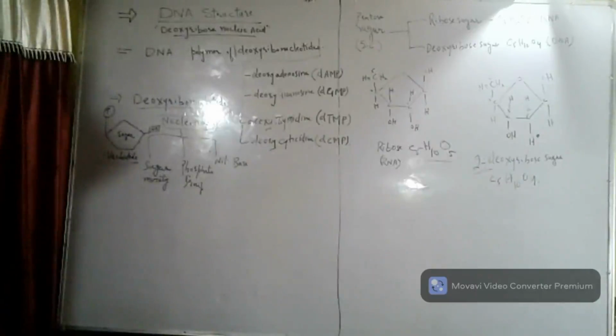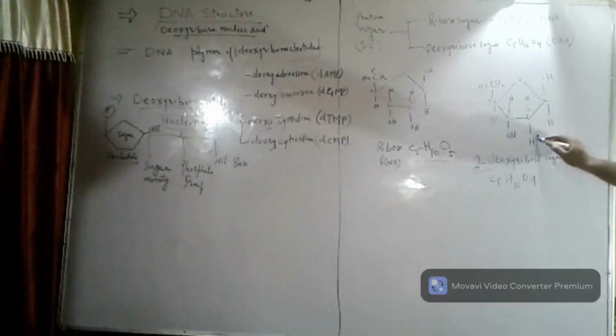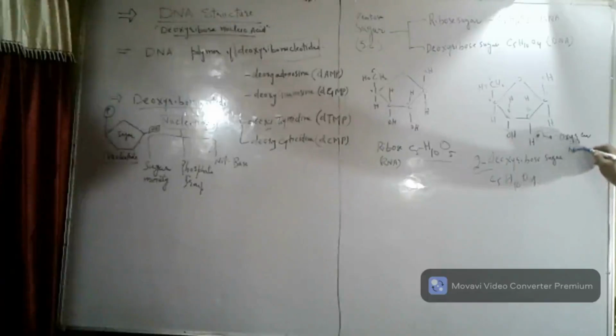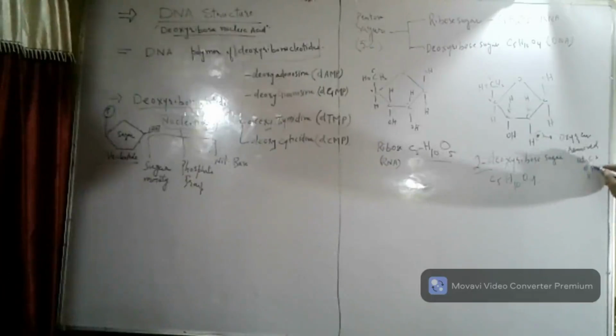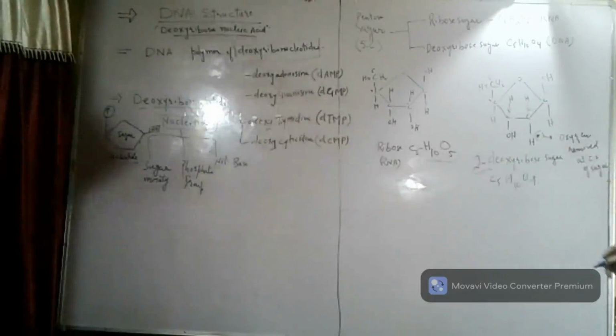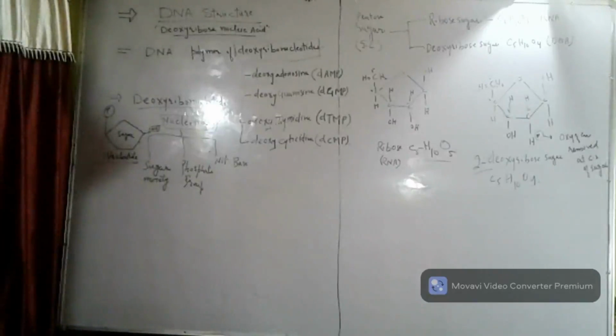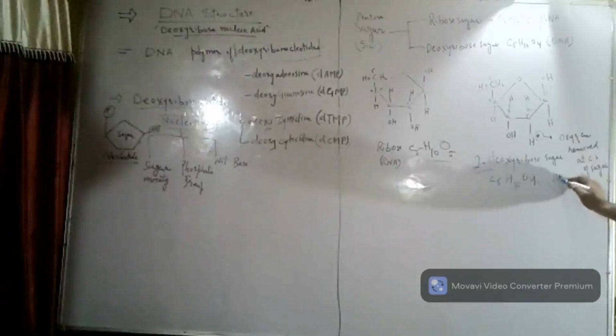So it becomes deoxyribose C5H10O4. So this indicates that oxygen is removed at carbon second of sugar in case of DNA, deoxyribose sugar. And this 2-deoxyribose sugar is found in DNA.